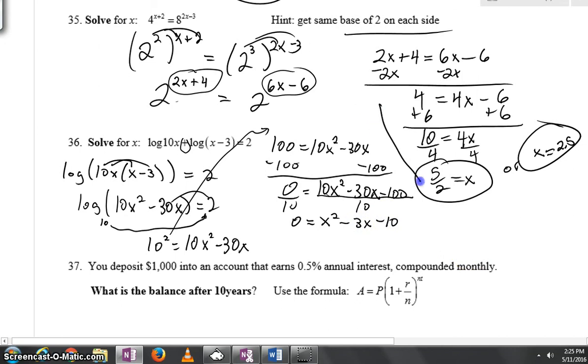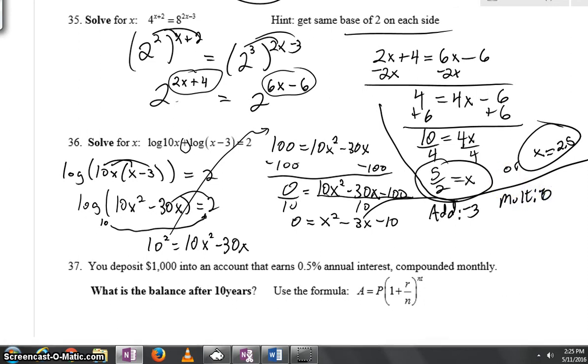At this point, what we can do is realize that we're adding to negative 3, and we're looking for two numbers to multiply to negative 10. So we need to find a way to factor this. We're looking for two numbers. When they multiply, they should get negative 10.